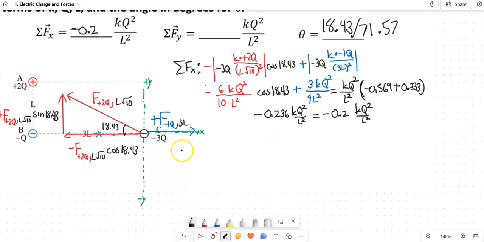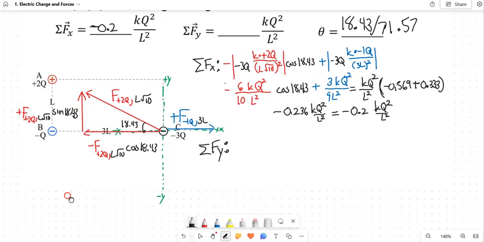Well, in the y direction, since we've done all the heavy lifting in the x direction, the y direction, again, just like the last problem, it's going to be just this. This is our hypotenuse, 6/10 kq squared over L squared.